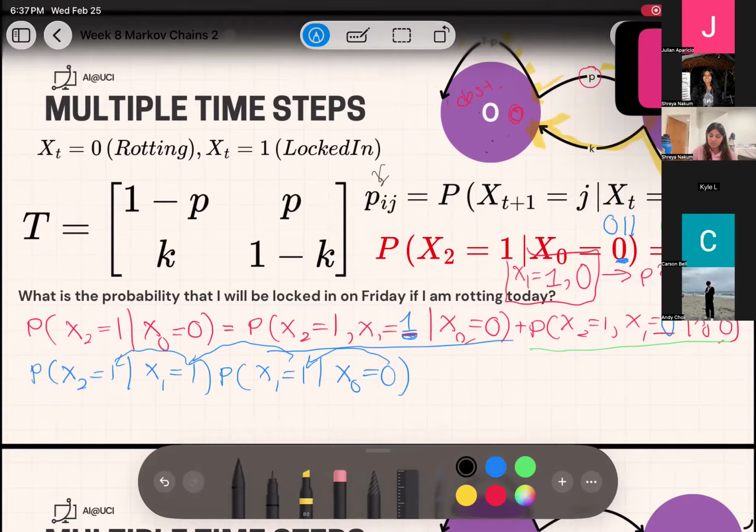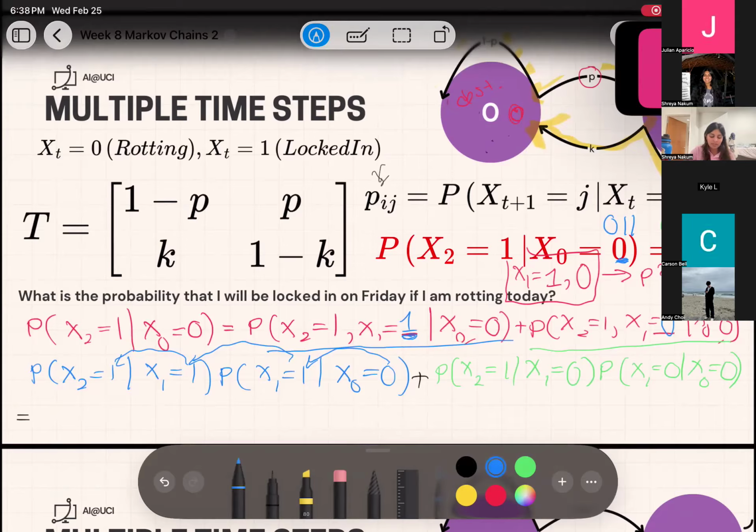Okay, so now let's do the next one. You guys tell me, what is this probability going to be? X2 equals 1, given that x1 equals 0, and then times the probability that x1 equals 0, given that x0 is equal to 0. Yeah, exactly. So now we can break this down further.